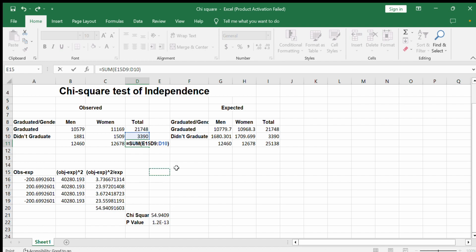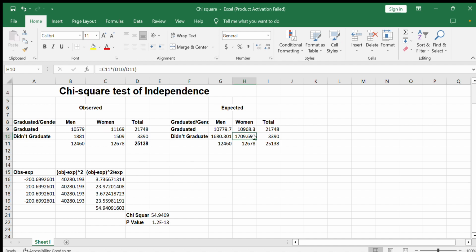Now, the chi-square is about calculating the observed and the expected. There is a general formula for chi-square where you are calculating it manually. If you are calculating it using Excel, this is step 1.